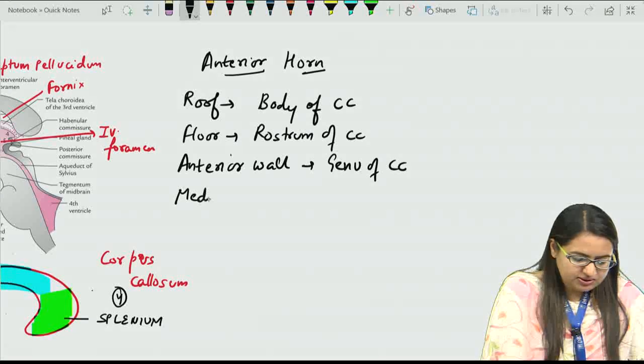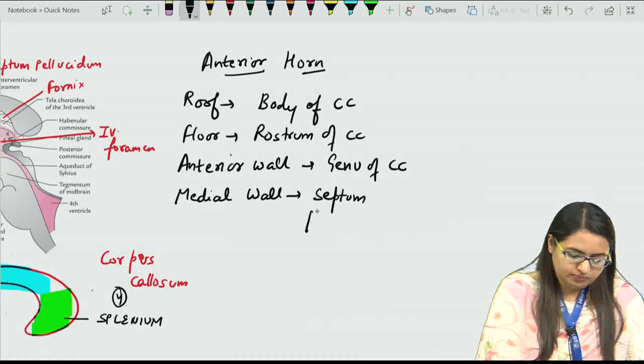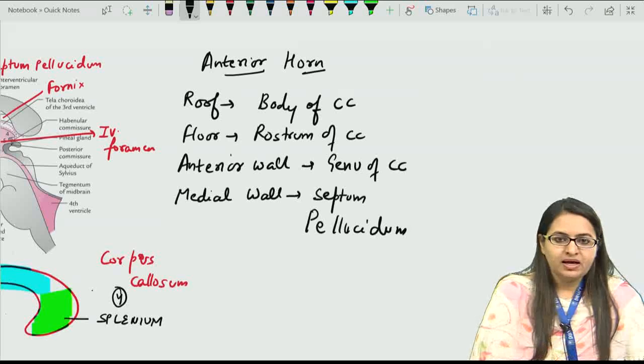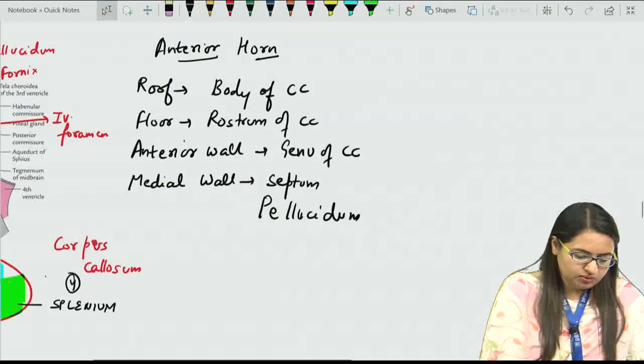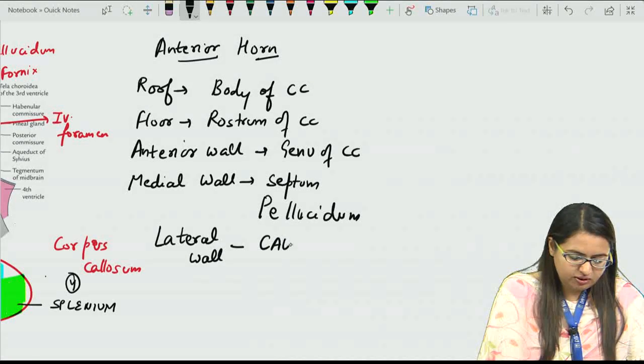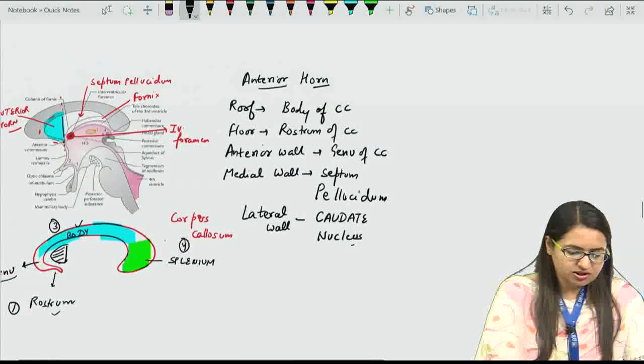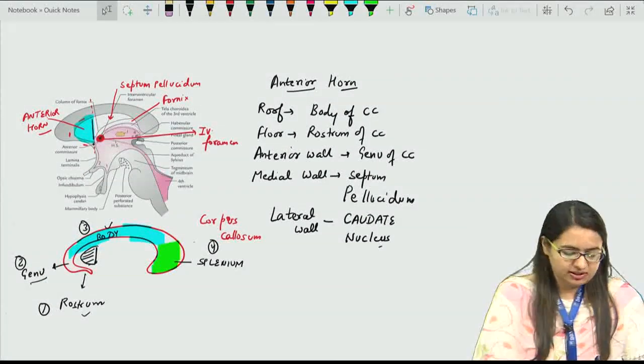Towards the medial side, the medial wall is formed by septum pellucidum. And towards the lateral side, we are having a nucleus, that is the caudate nucleus. These are the structures which are binding the anterior horn, and posteriorly it is continuous with the body of the lateral ventricle.